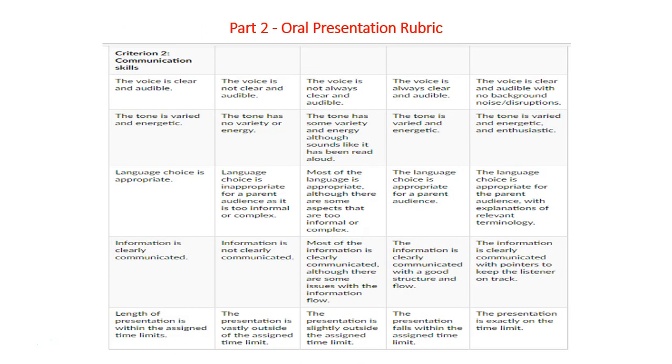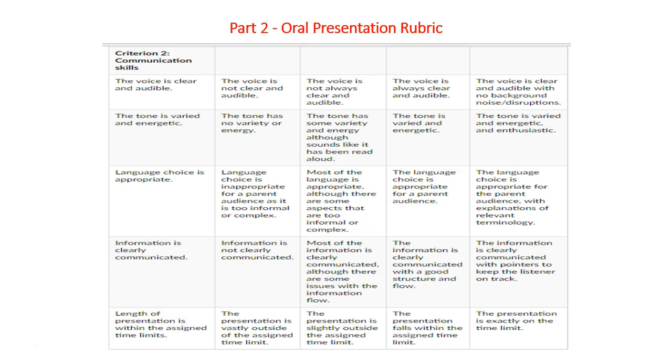That's the first criterion, and the second criterion looks at communication skills. Now these are really important as a teacher. We're looking that your voice is clear, your tone is varied and energetic, your language choice is appropriate, your information is clearly communicated, and the length of your presentation is within the assigned time limits, and that's really important as well.